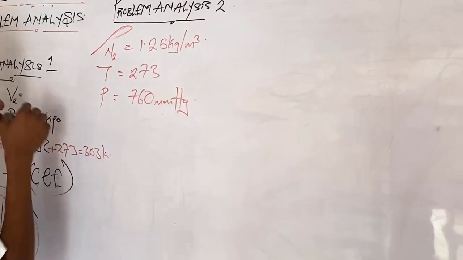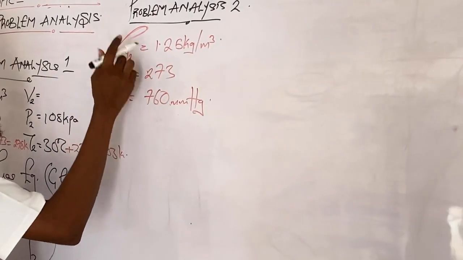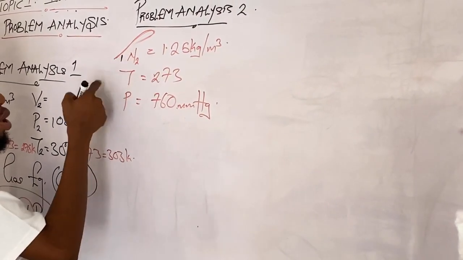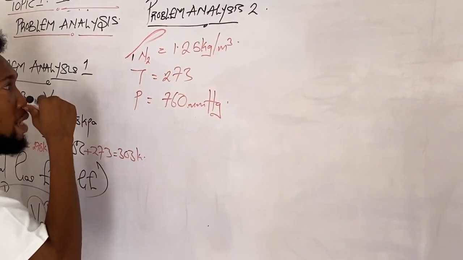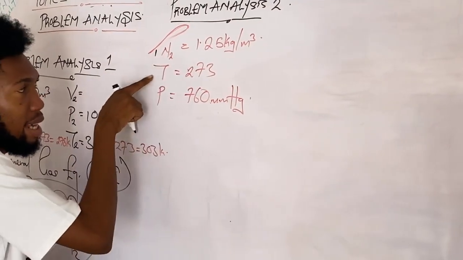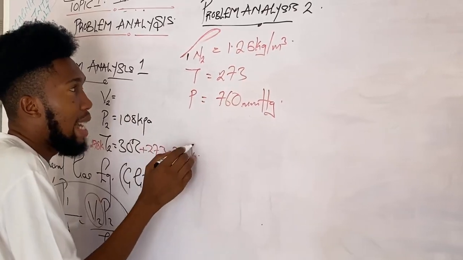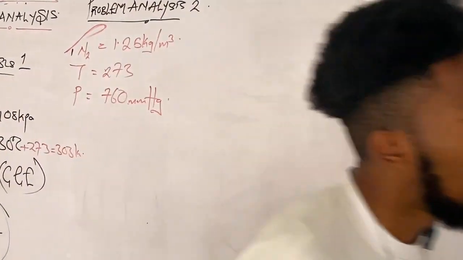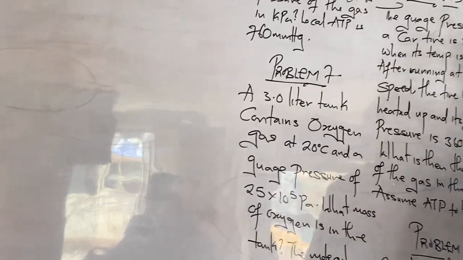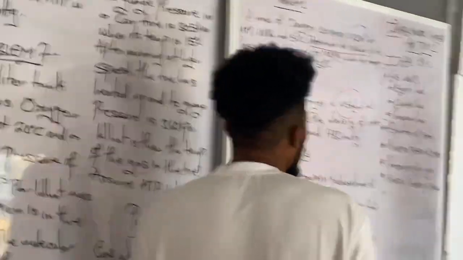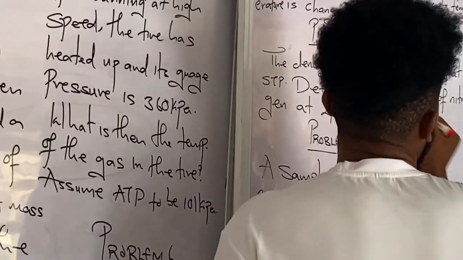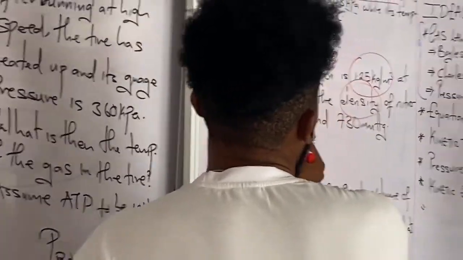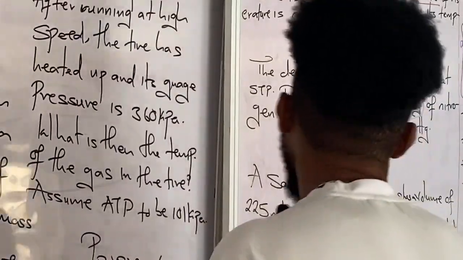So parameter 2 now. We know the density of nitrogen, I'll call it rho 1. The initial density of nitrogen at standard temperature and pressure was this. Now the question asks us to determine the density. So we're looking for the new density. Let me highlight it with red. We are looking for the density of nitrogen when the temperature is now 42 and the pressure is 730.